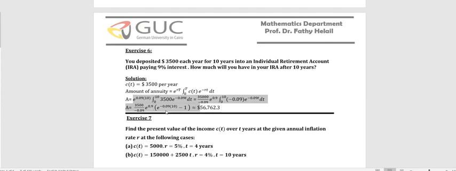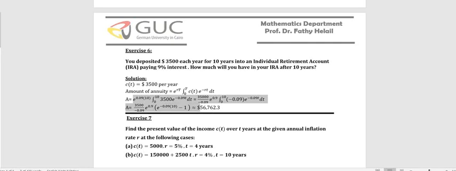Of course, we can write it over the e, or we can put it outside, because if it's a product and quotient, we know that we can rewrite this in terms of the algebra, and then we calculate the amount to become $56,762.3. So the payment of $3,500 for 10 years with an interest rate of 9% would become $56,762.